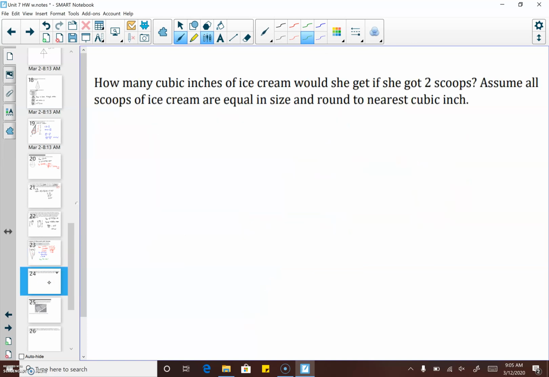As we look at the second part of this question, how many cubic inches of ice cream would she get if she got 2 scoops? Assume that all scoops of ice cream are equal in size. Well, we know the scoop is going to be that hemisphere times 2. Basically, we need to find that full sphere volume.